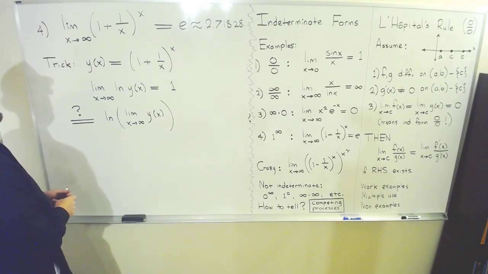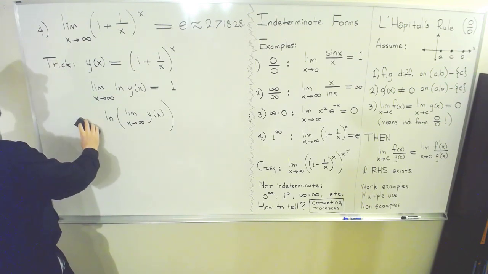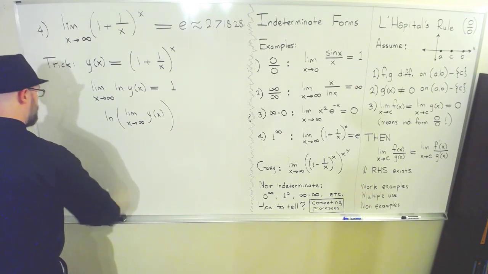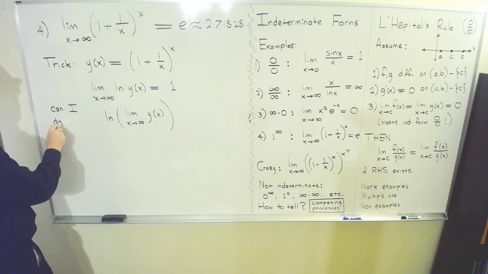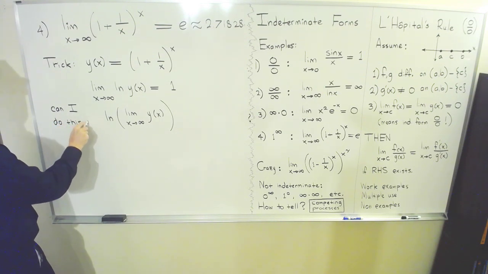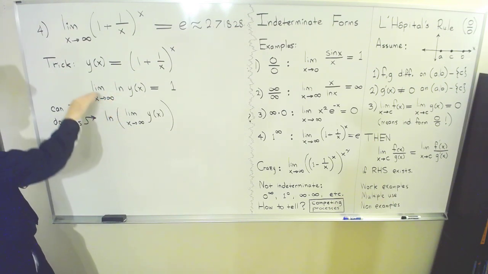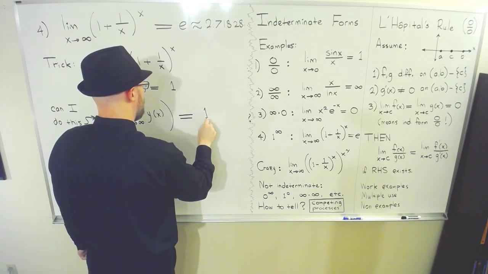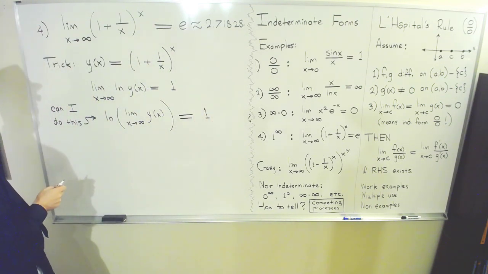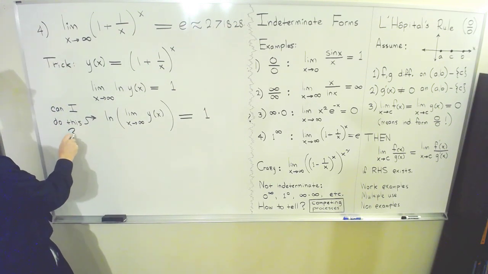Well, rather than pull this out with the equal sign, what I'll say is, can I do this, where I interchange the order of the ln and the limit there? I push the limit inside the ln, and over on this side I would still have the 1. And there would be a question mark here.